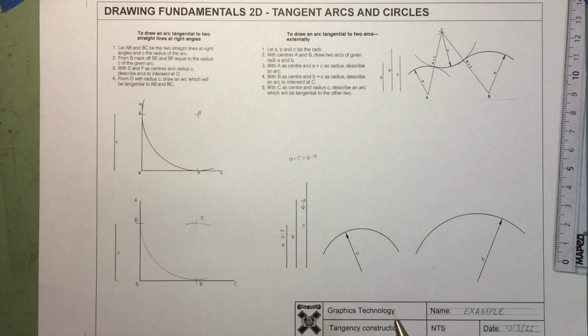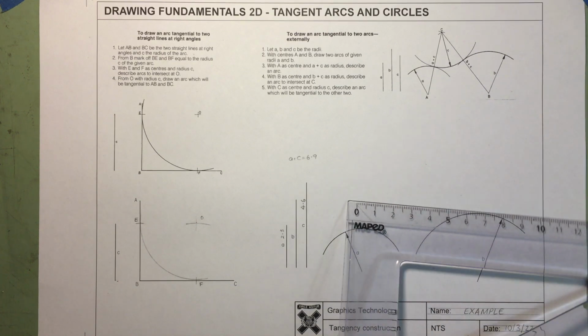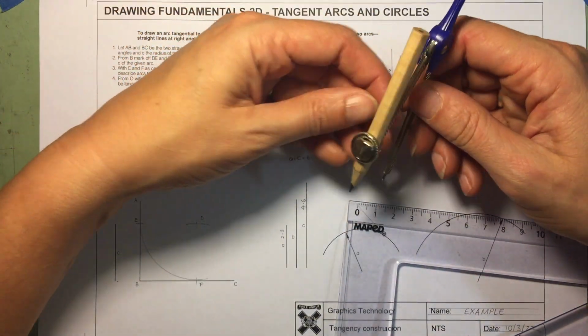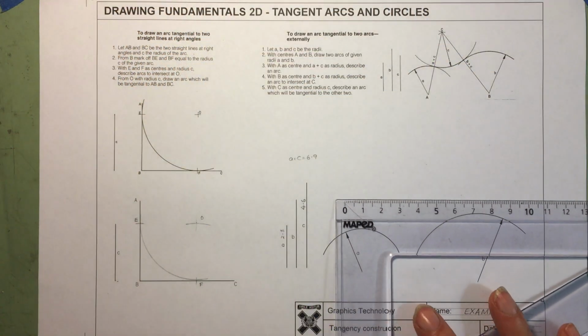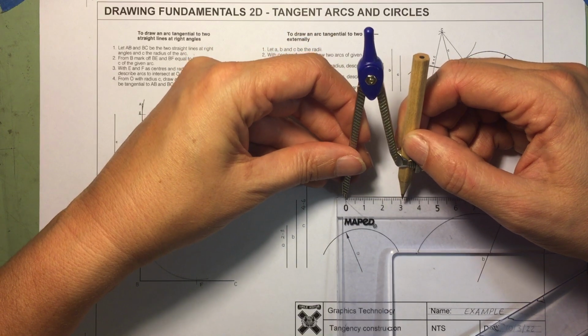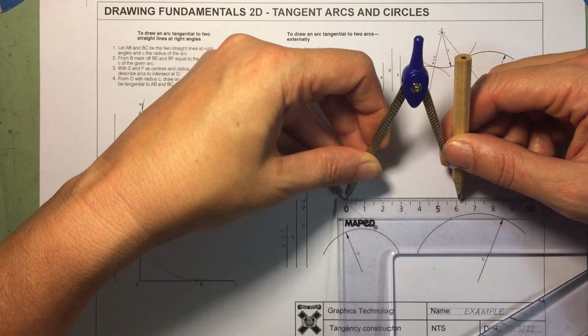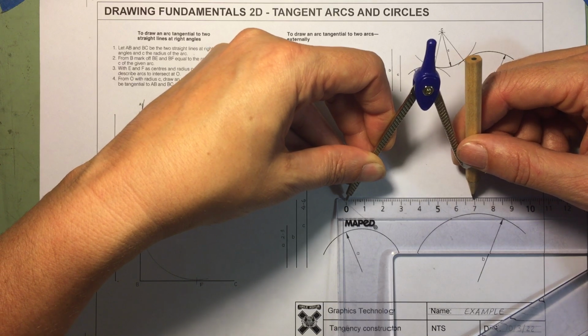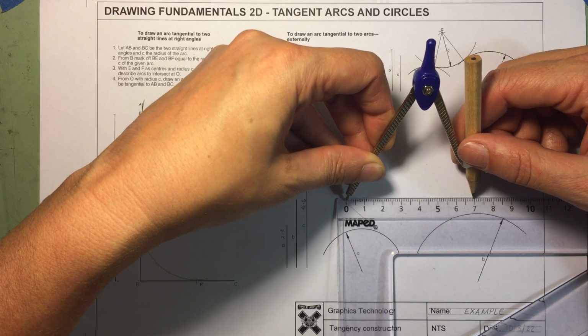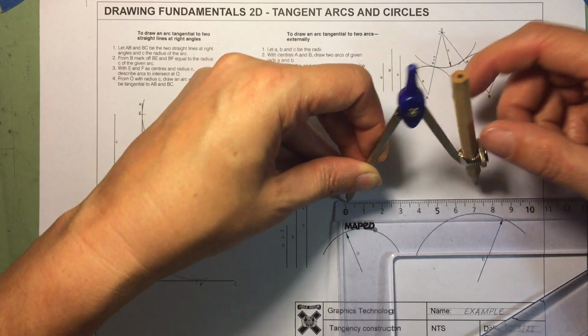Okay, now we'll set our compass to 6.9. Placing my center point on 0, moving this out to 6.9, so it's sitting right on 6.9, trying to be as accurate as I possibly can.